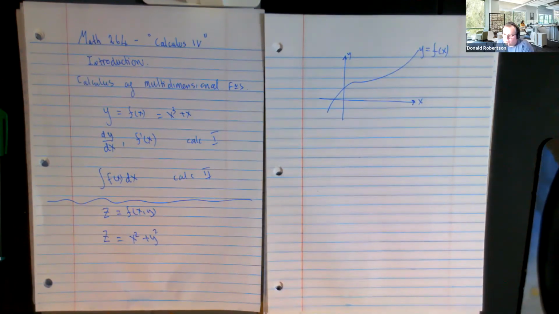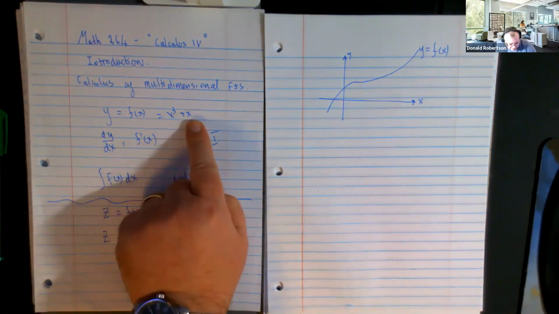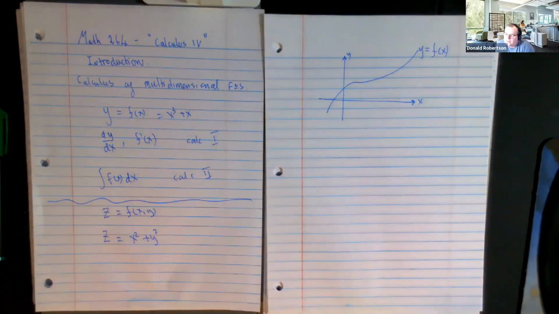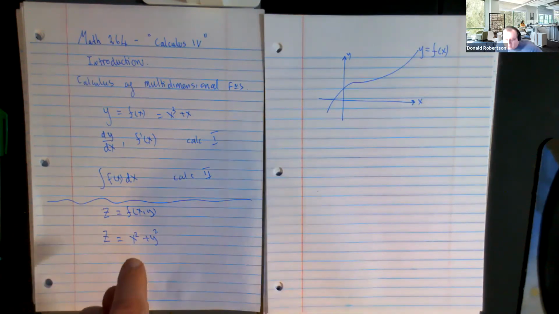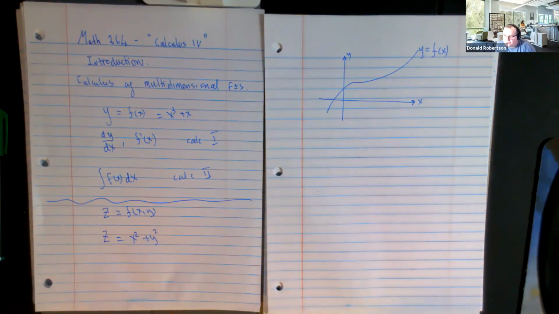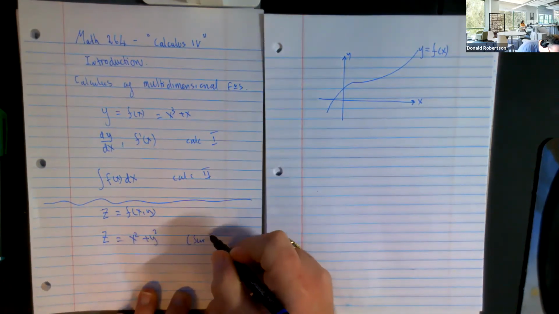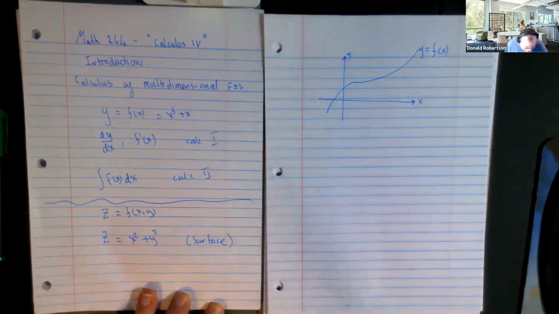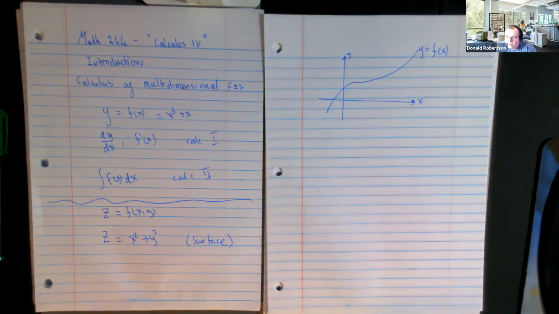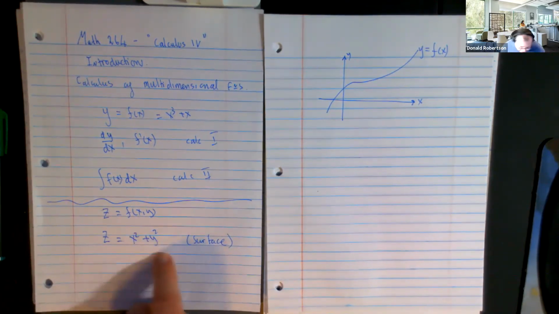So if you plotted all the points where the y coordinate was, say, x cubed plus x, it might look something like that. So how do you do these guys? Well, the first thing is that this is not a line. Actually, it's a surface. And that means we have to figure out some way in which we can visualize what this multidimensional, multivariable function looks like.